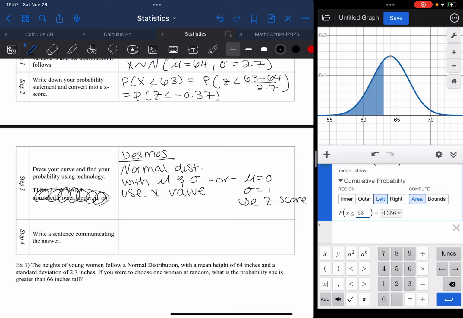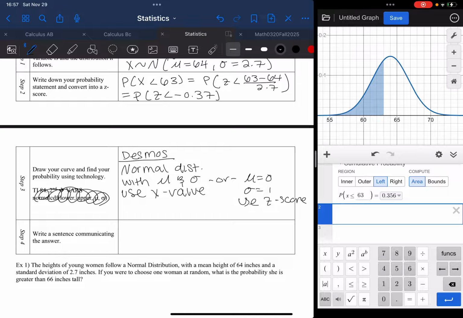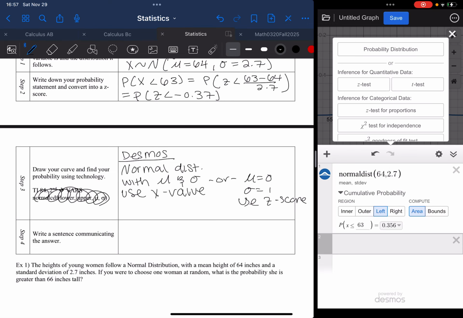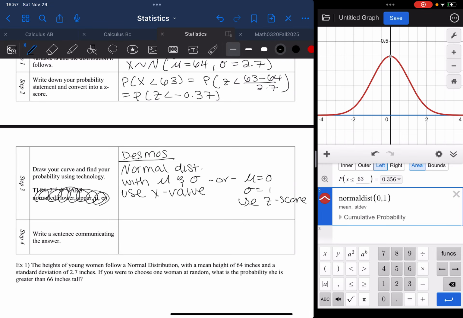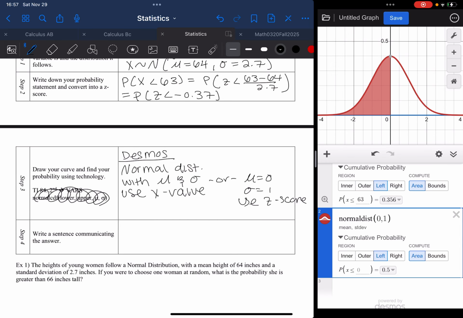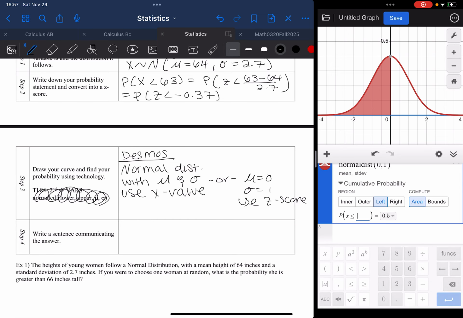So I'll show you that here. Let me go on this next one, and I'm going to add inference, still normal, 0, 1, create distribution, go down here into the left region, and now I'm going to do less than negative 0.37.